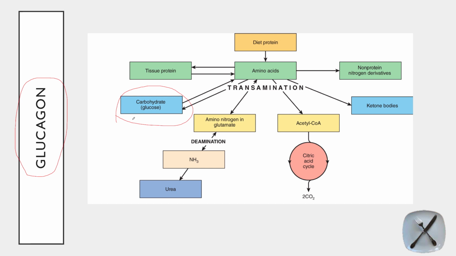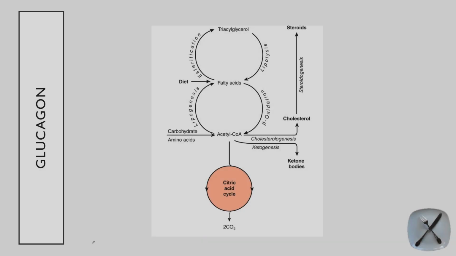So again, glucagon has two primary roles related to glucose homeostasis, both the release of glucose from stored glycogen as well as the synthesis of glucose through the process of gluconeogenesis. In contrast to insulin, glucagon also stimulates the release of stored triacylglycerols into free fatty acids, and this is through the process of lipolysis.